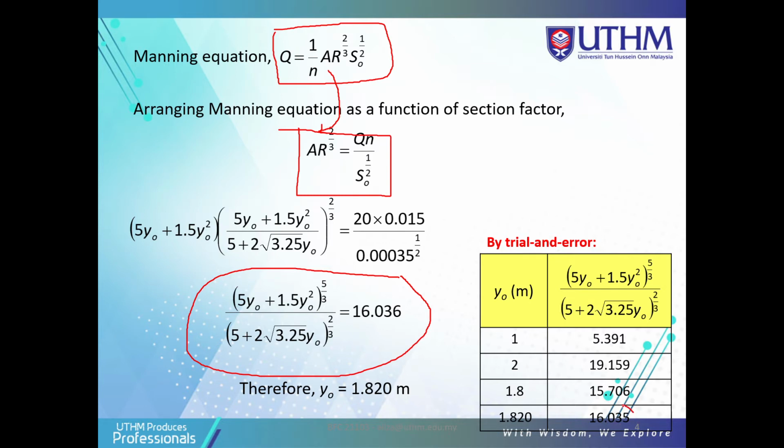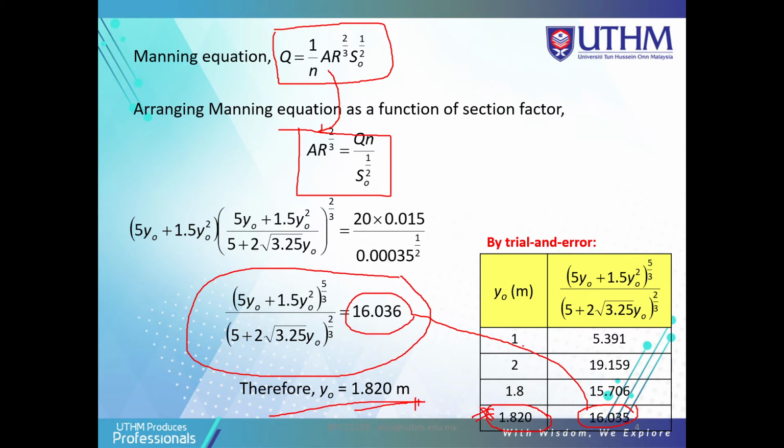Okay, so the value is near to this value, so we stop at this stage. So we find that y naught is 1.82 meters.